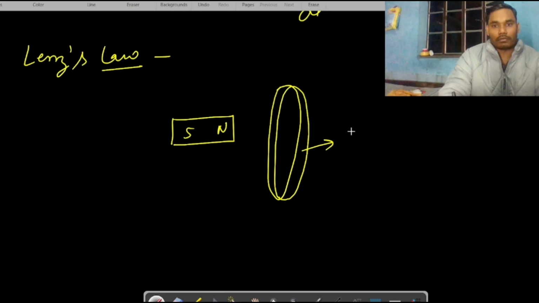This is the front part of the wire loop, and this is the back part. Now if I oscillate this bar magnet, or oscillate this coil, then there will be current, but that current will be in this direction or in this direction.